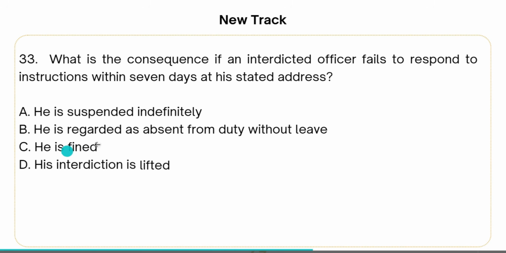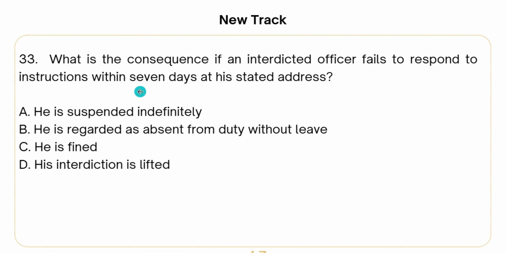Question number 33. What is the consequence if an interdicted officer fails to respond to instruction within 7 days at his stated address? A. He is suspended indefinitely. B. He is regarded as absent from duty without leave. C. He is fined. And D. His interdiction is lifted.